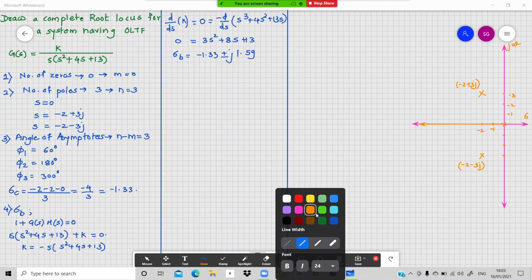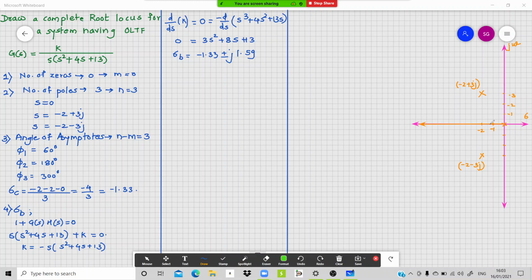So I'll change the color. 1.33 somewhere over here. Alright, so this is sigma c, and at 60 degree, 180 and 300 degrees we are supposed to draw the asymptote. So no need to worry, this is already going in this direction, so I will not draw it, not required. Second thing is, I am supposed to draw it at 60.